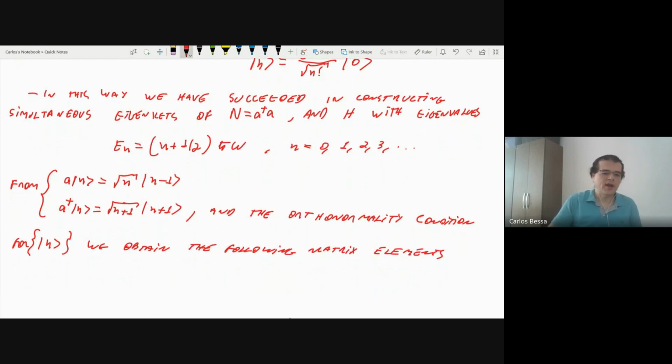So when I apply a state different from n, let's say n prime, to a, these would be just like the eigenvalue n prime, n minus 1, which is square root of n, and this is like a Kronecker delta, right? N minus 1.